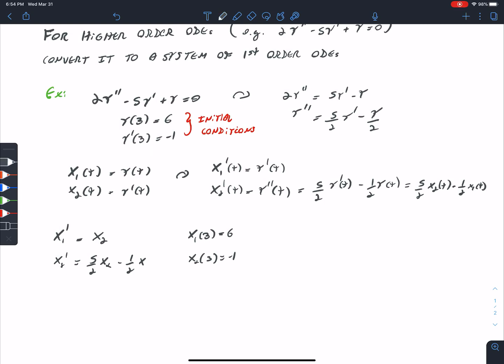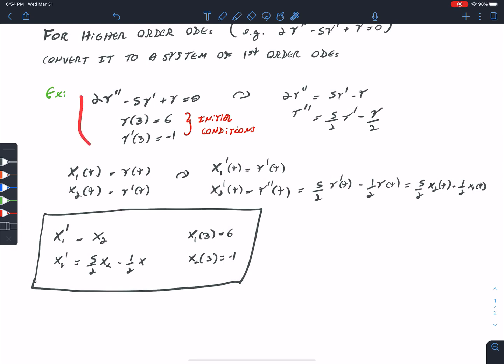And so what we have here now, which I'll try to highlight, is that we have rewritten this original problem, which was in this form, into this form now. And as you can notice, now we have two equations, right? We have x1 prime and x2 prime, but the right-hand sides of these equations depend on only x2 and x1.